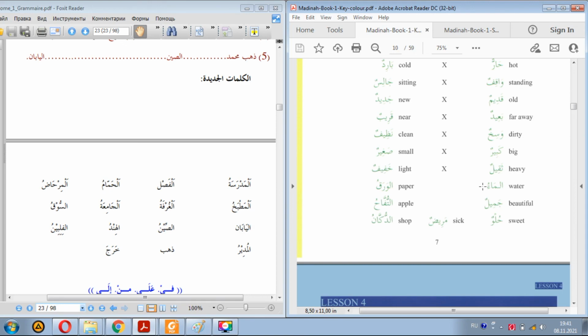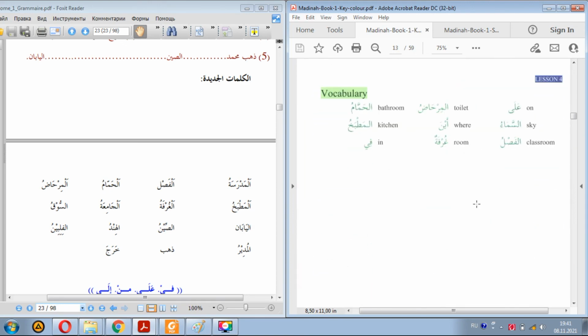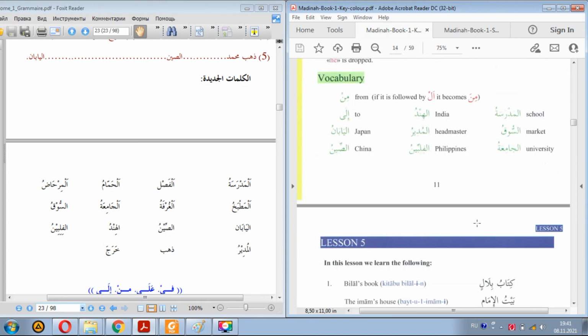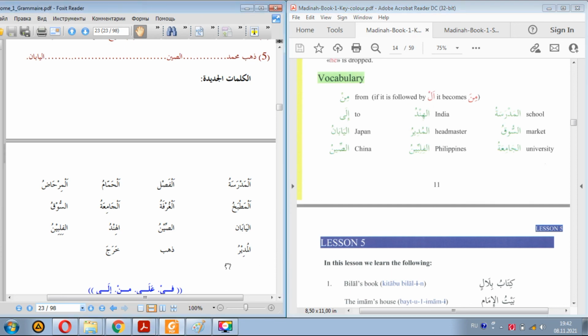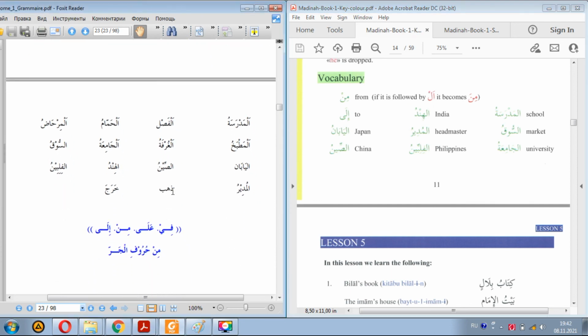That's what the سوق is. Market. Yeah, that's a place where people trade stuff. اليابان, Japan. الصين, China. الهند, India. الفلبين, Philippines. المدير, headmaster. MashaAllah. ذهب, went. خرج, went out or came out.